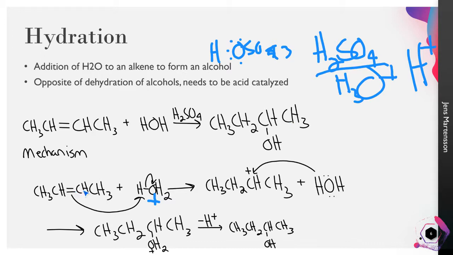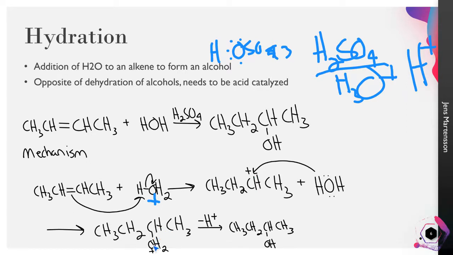In this case, it doesn't matter. So I added a hydrogen to this carbon here, and then a positive charge formed on the other doubly bonded carbon, okay? Then this water that came off here, this is now a nucleophile, will attack the carbon with the positive charge here, which will form this product here, which is almost our alcohol.